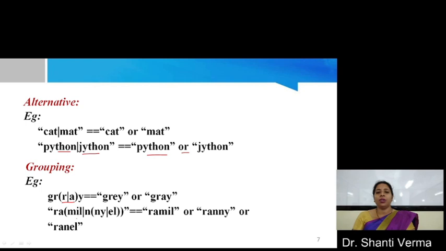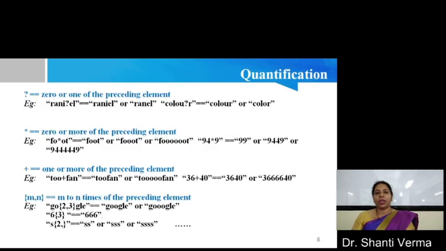Similarly, in this example, if I write RAM, and in braces I write NY or EL, then it checks RAMNY and RAMEL. It checks for all these strings.